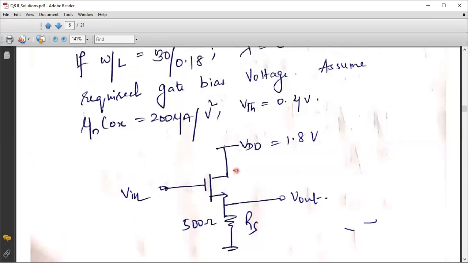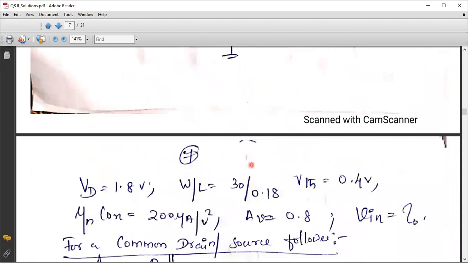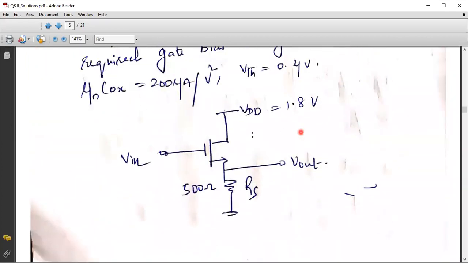Any doubts regarding the question? First, list out all the given parameters. The drain voltage, if you see, is equivalent to the supply voltage, right?